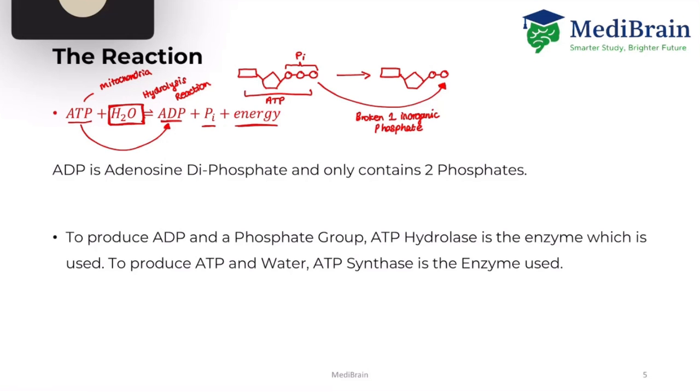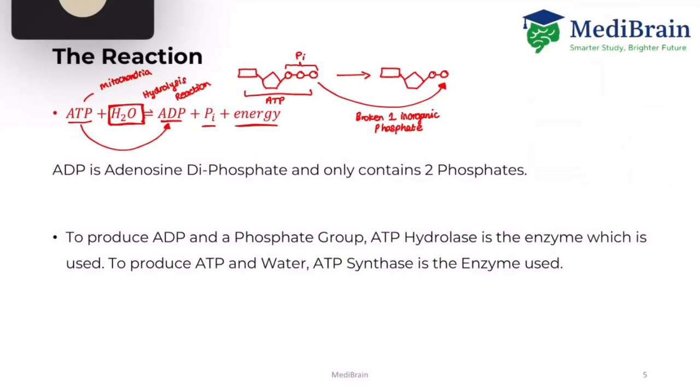So there are two key enzymes that you need to be familiar with, ATP hydrolase, which I'm going to highlight now, and ATP synthase. These are the two enzymes that you need to be familiar with.